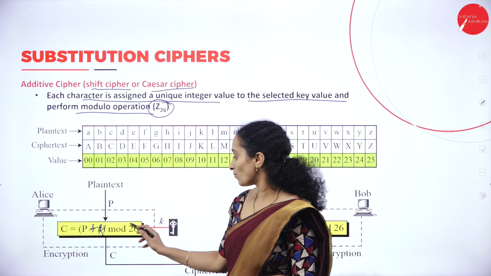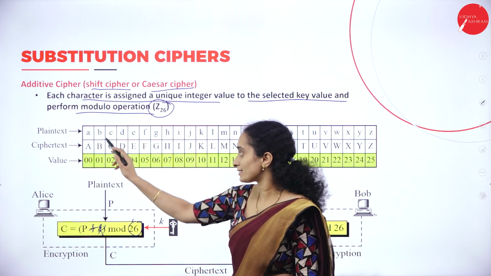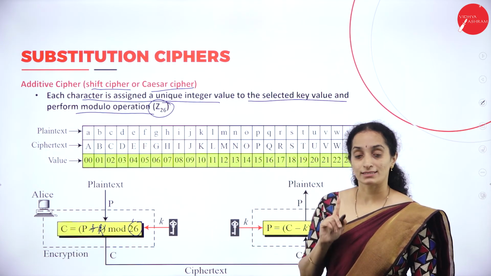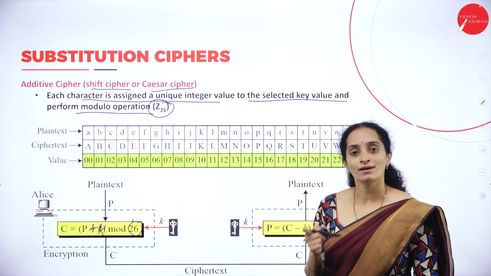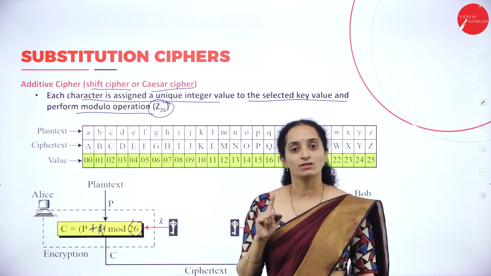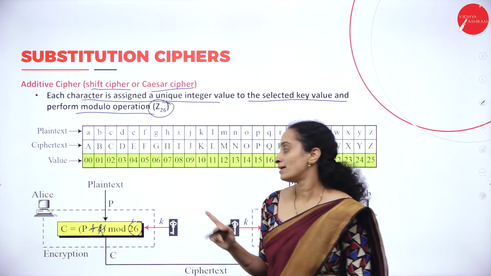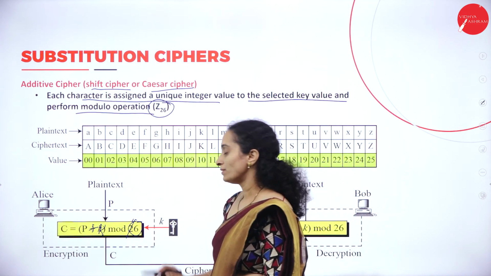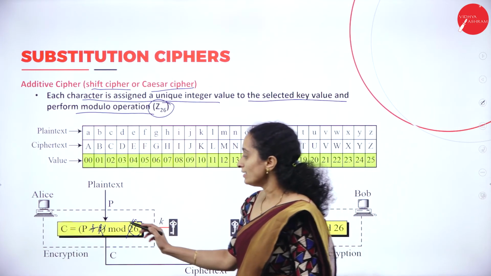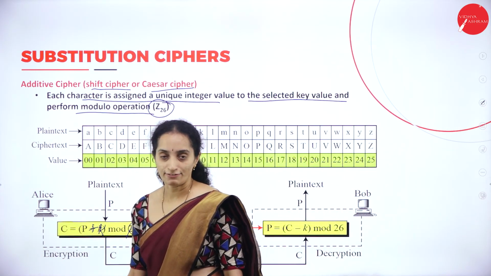Why do we do the modulo operation by 26? The English language has 26 alphabets, and we assume that the message will usually be in English. So we perform the modulo operation by 26 while generating the cipher text.